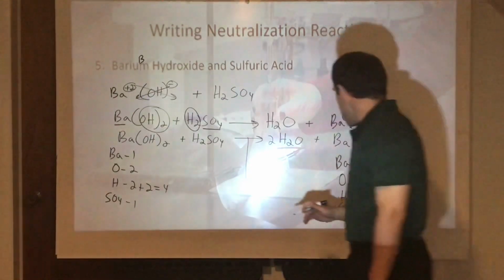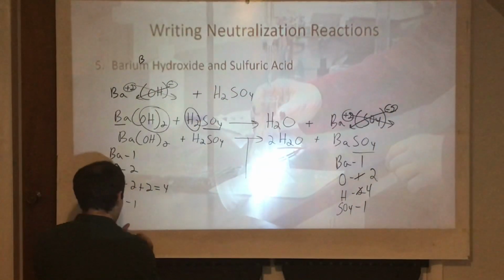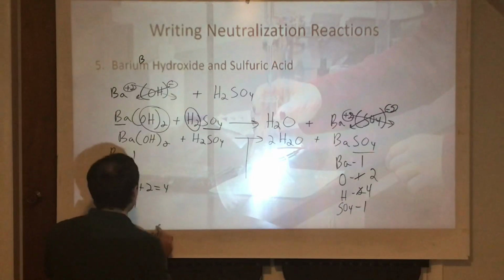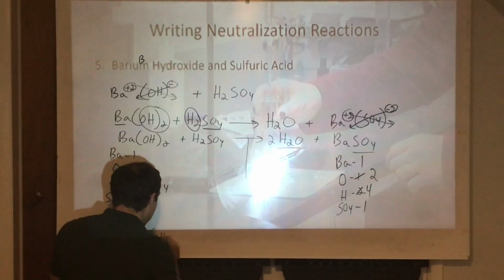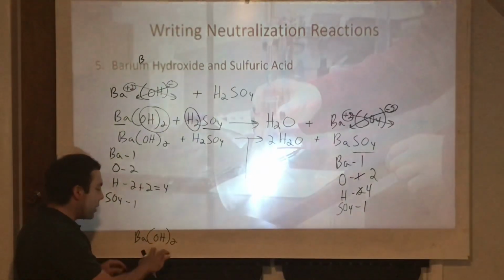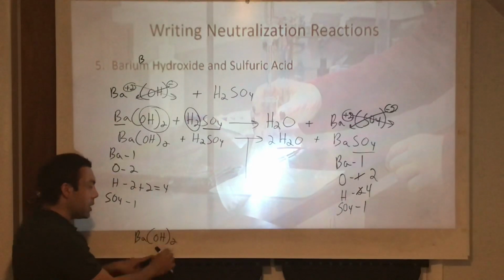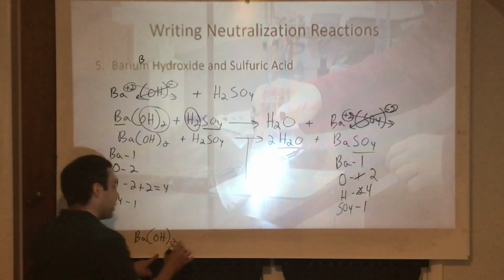So the last thing we do is rewrite the equation. Barium hydroxide, Ba(OH)2. Please make sure you keep the hydroxide in parentheses because there's two O's and two H's. If you get rid of the parentheses, that means there's just two OH's.